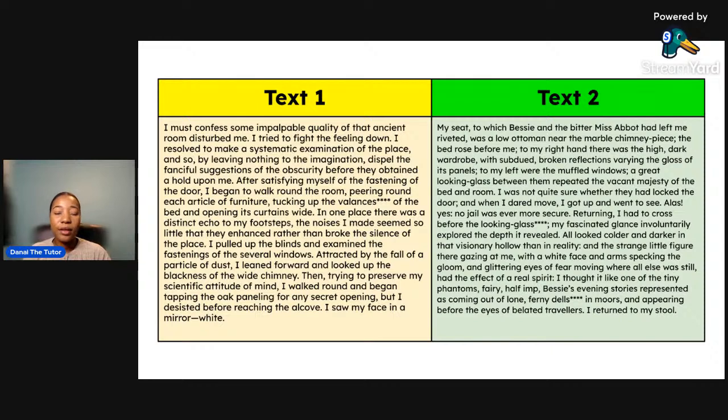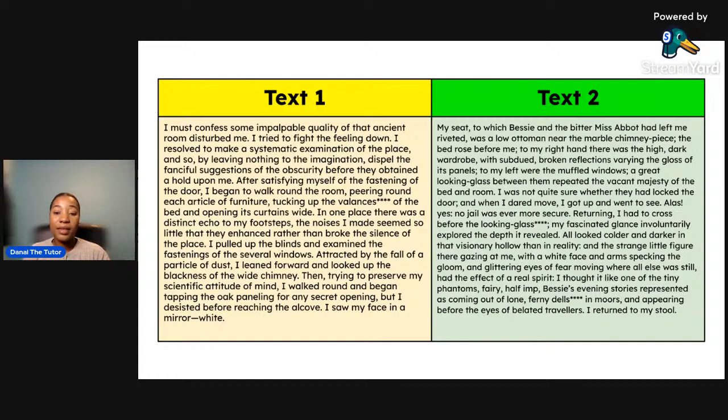So this part of the text reads, I must confess some impalpable quality of that ancient room disturbed me. I tried to fight the feeling down. I resolved to make a systematic examination of the place, and so, by leaving nothing to the imagination, dispel the fanciful suggestions of the obscurity before they obtained a hold upon me.